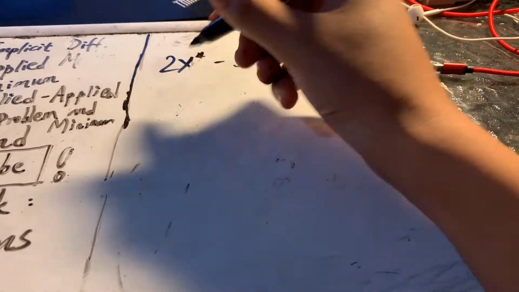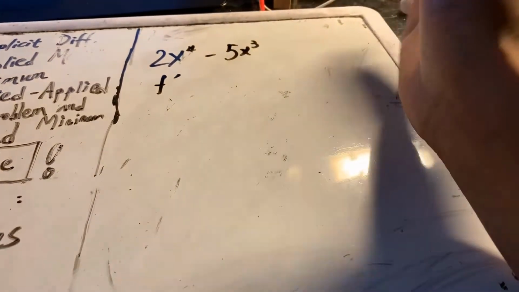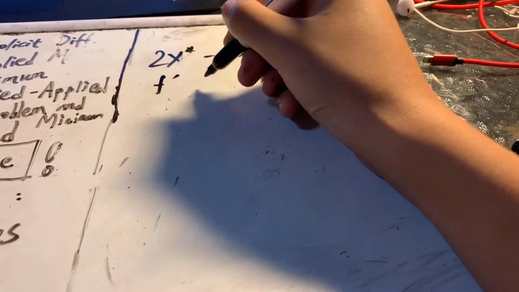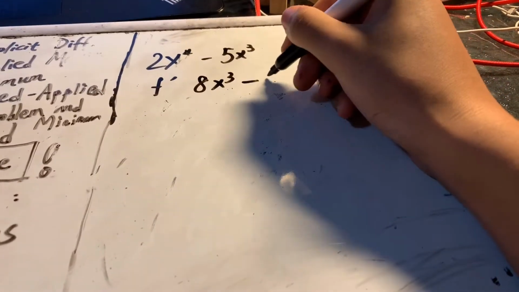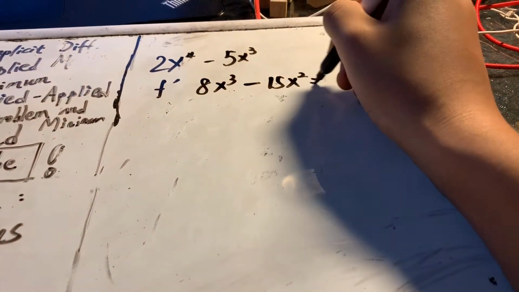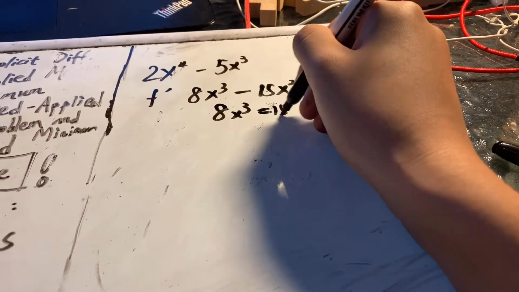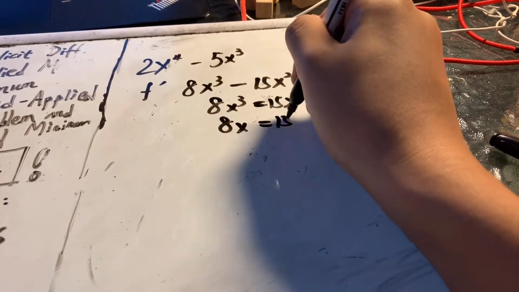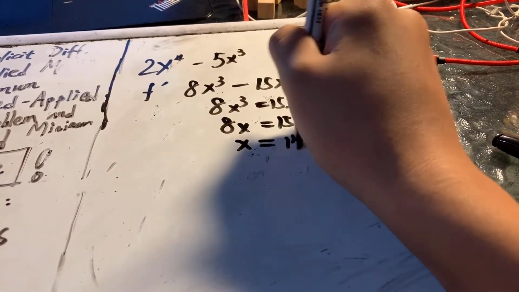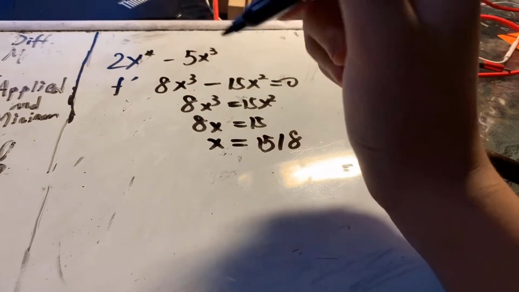For this type, we'll just find the critical points. We take the derivative and set it to 0, and we get 8x is 15, so x is equal to 15 divided by 8. So that is the derivative.